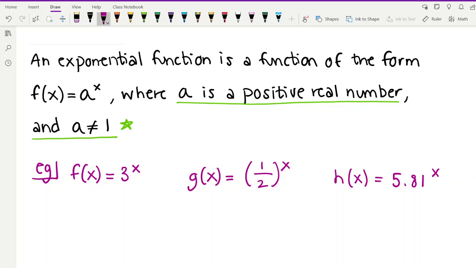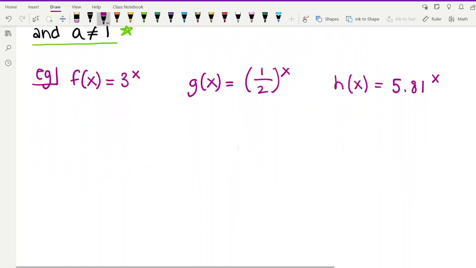So really the base, that number a, can be any positive real number. It can be a fraction, it can be a decimal, it can be a huge number, it could even be 100 to the x. It doesn't matter what that base number is, but the only thing that needs to be true is that it has to be a positive number, and it can't be 1. And again, we'll get to why that is in a little bit.